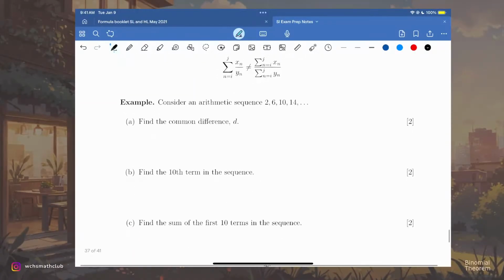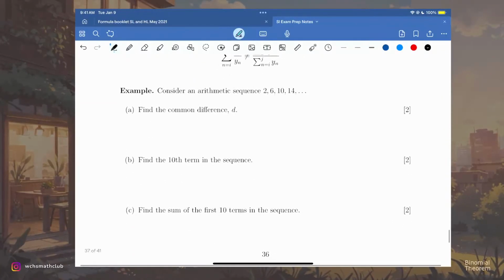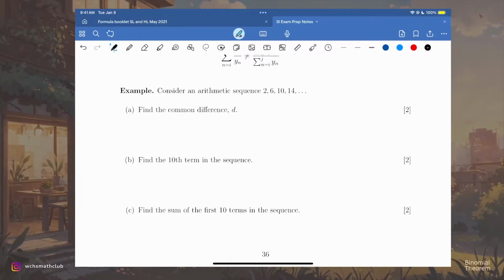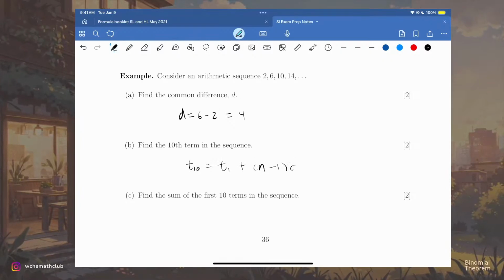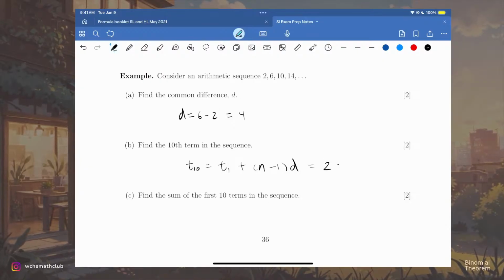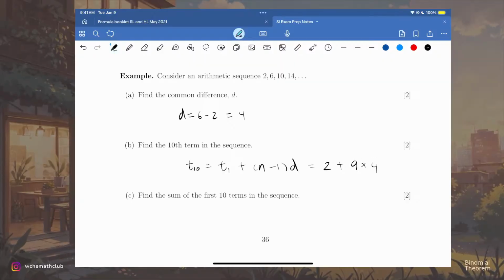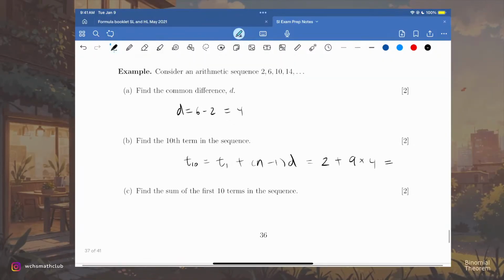Okay, now I'll go on to a simple example for arithmetic sequence. Part A, find the common difference d. Here d equals 6 minus 2, which is 4. Part B, find the 10th term in the sequence. T10 equals T1 plus n minus 1 times d, which equals 2 plus 9 times 4, which equals 38.